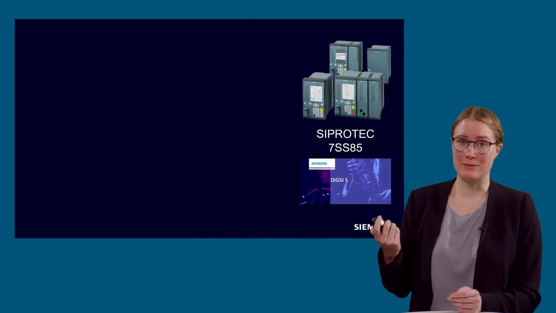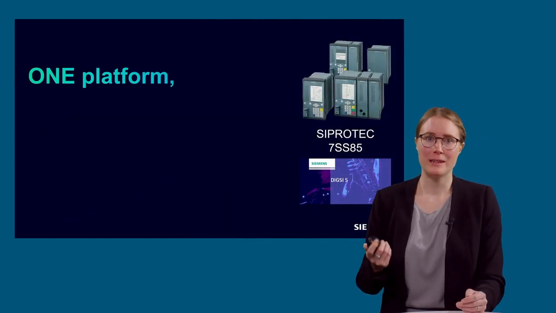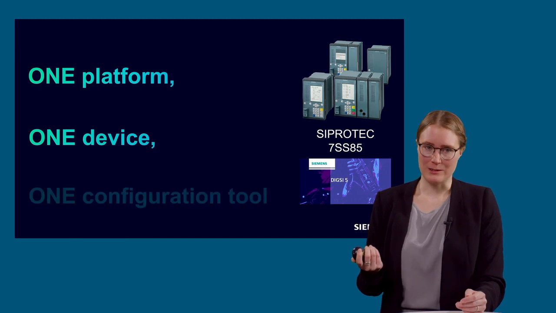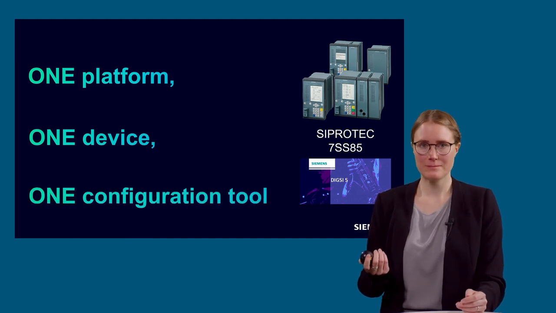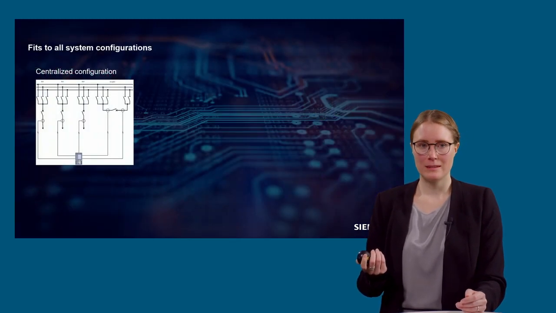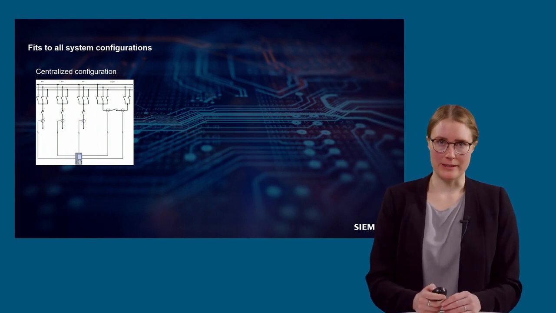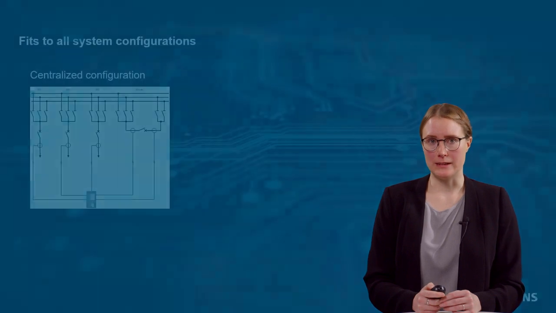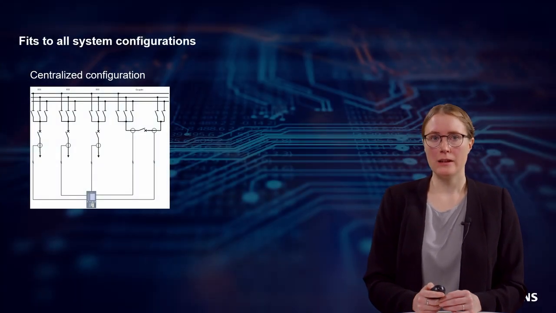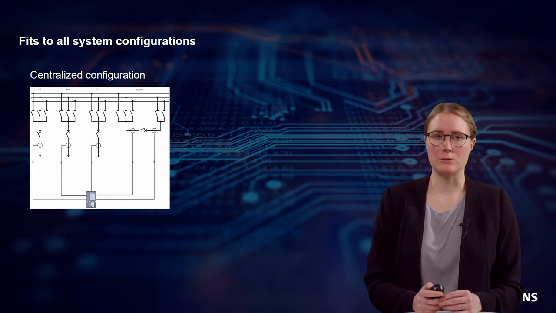So in ZProtect 5, we have one platform, one device, and one configuration tool. The ZProtect 5 7SS85 fits all system configurations. You can realize the centralized configuration where all the process signals and currents are connected directly to the central unit.